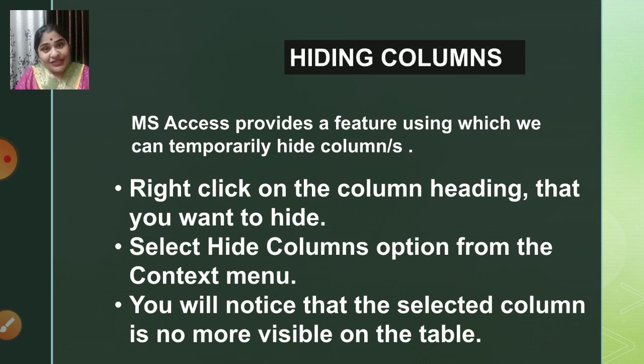As soon as you select that, you will see that particular column is hidden. It is not seen on the screen. You will notice that the selected column is no more visible on the table. It will be there, but it is not visible as of now when you are working in the table, okay?